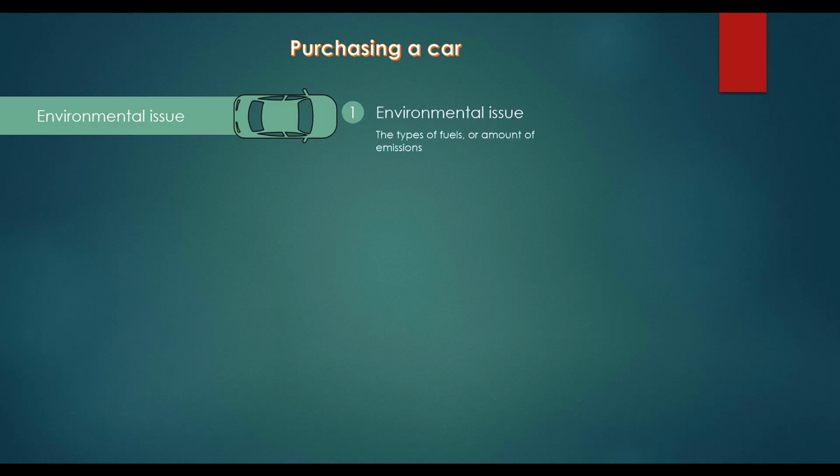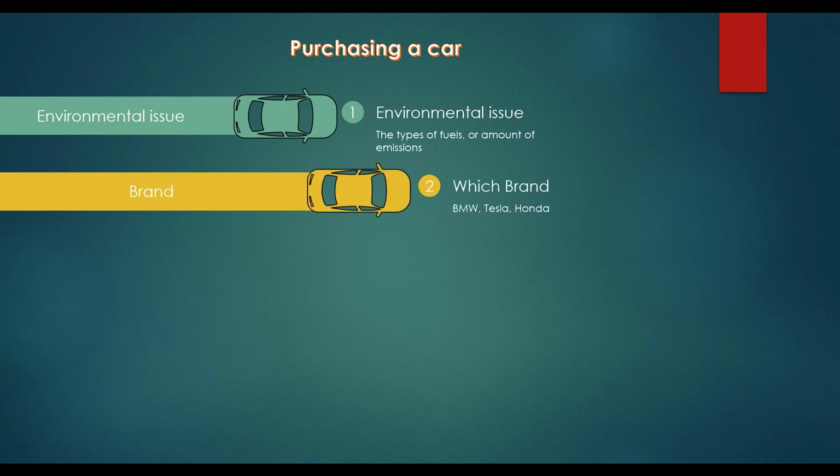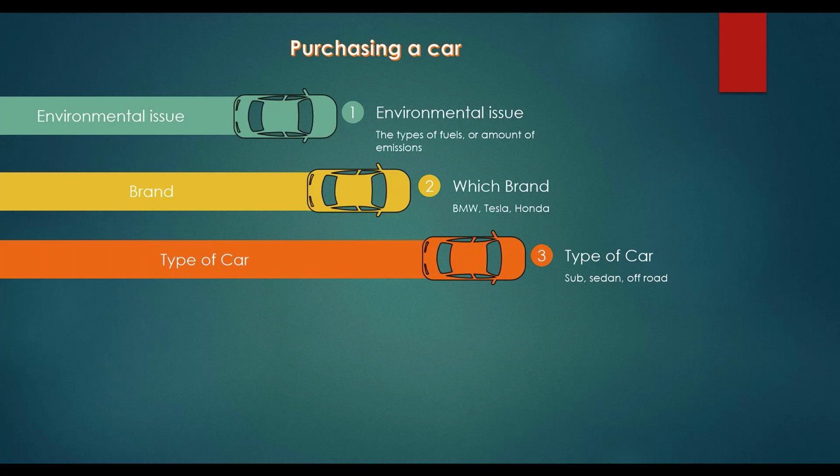If you are an environmentalist, you may consider the type of fuel or amount of emissions, or the brand of the car, because brands may be important to you and related to your personality. The type of car may also matter: SUV, sedan, or off-road. You may have these conditions when you want to buy a new car.